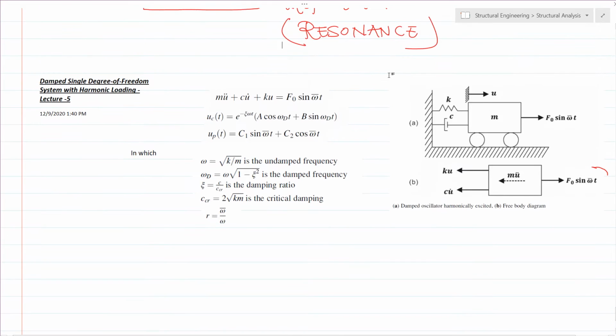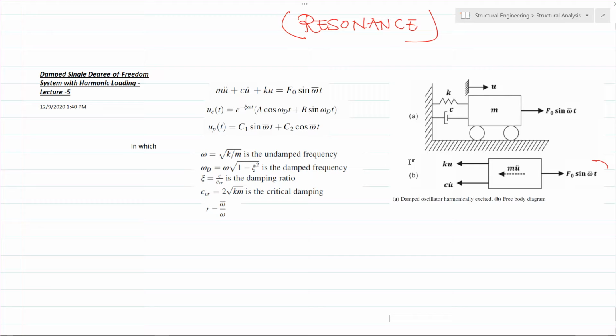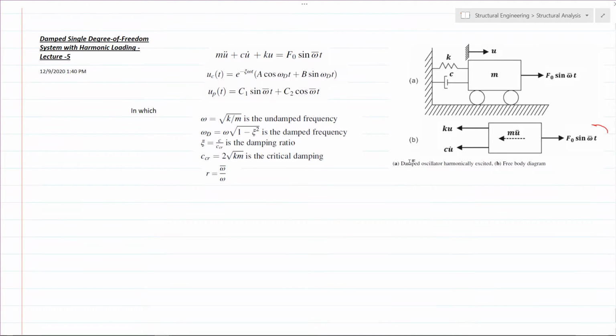Today we are going to discuss the response of a damped single degree of freedom system with harmonic loading. As you can see from this figure on the right hand side, what we have considered over here.